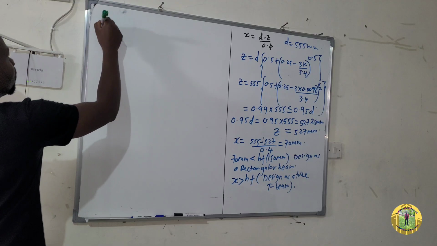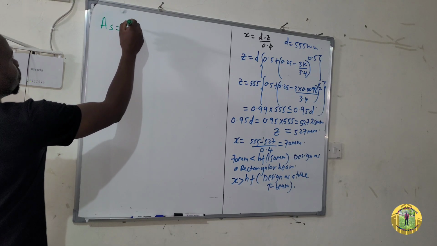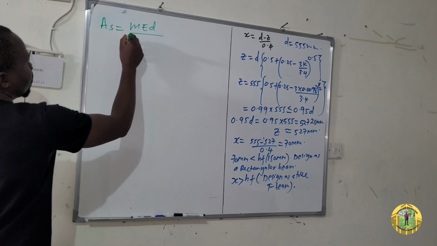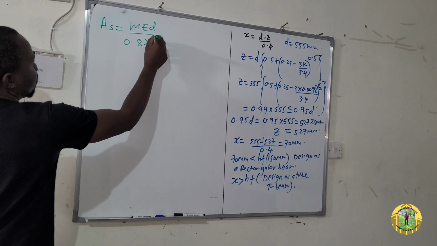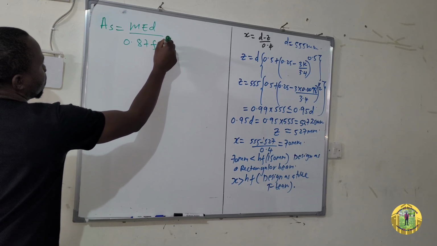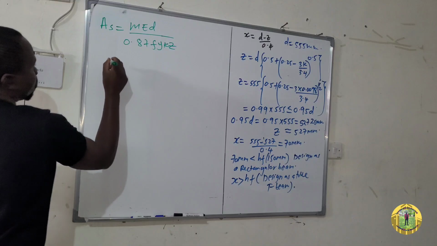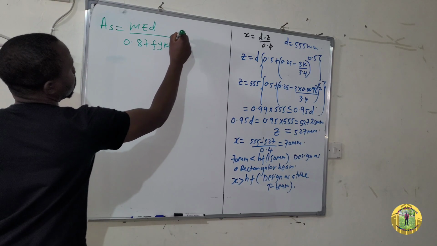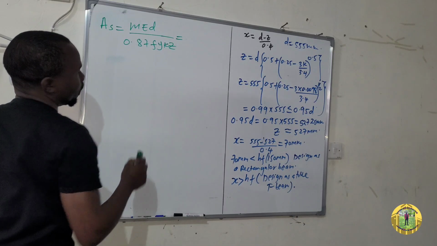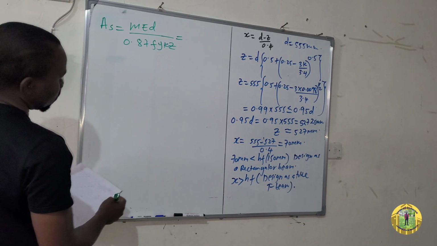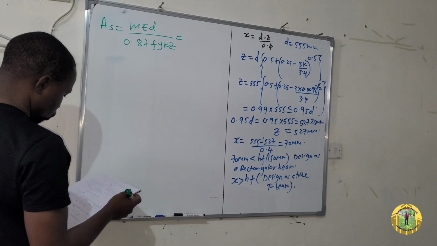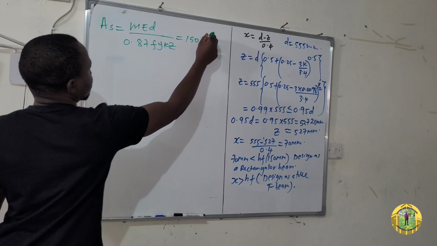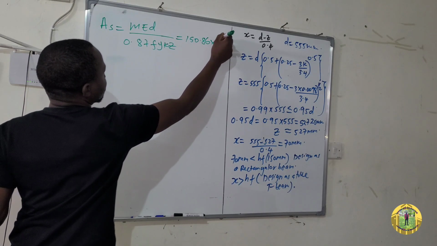So remember, area of steel is given by this formula, M ED over 0.87 FYK Z. So this one is equal to, design ultimate moment is equal to 150.86 times 10 to the power of 6.